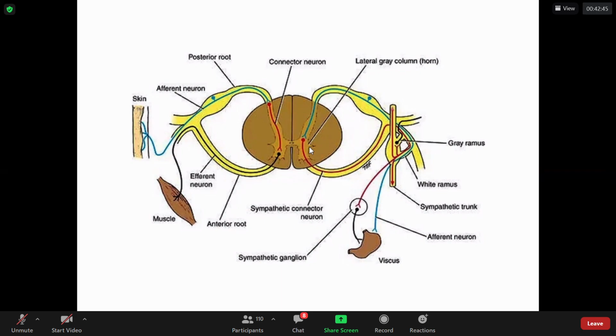And the parasympathetic system is called craniosacral outflow. Why is it called craniosacral outflow? Because some of the parasympathetic supply comes through cranial nerves 3, 7, 9, 10, the oculomotor, facial, glossopharyngeal and vagus. And also there are some lateral horns in the sacral 2, 3, 4 region.